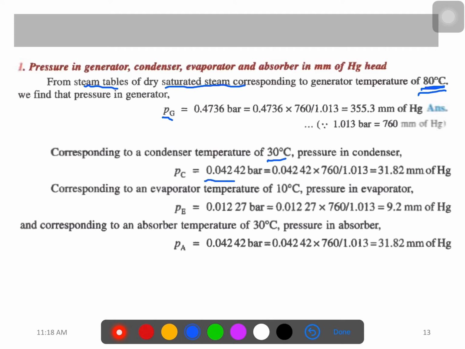What will be the saturated pressure basically? Then what is the saturated pressure corresponding to the evaporator temperature, that you can get from the steam table. Same for the absorber temperature 30 degree, you can get the pressure for the absorber also.